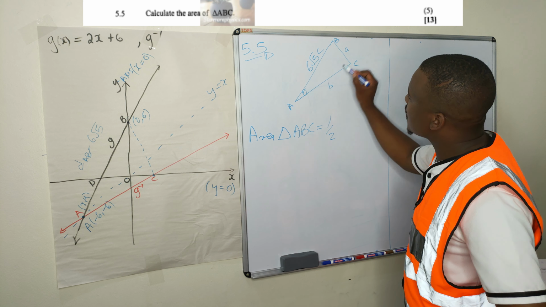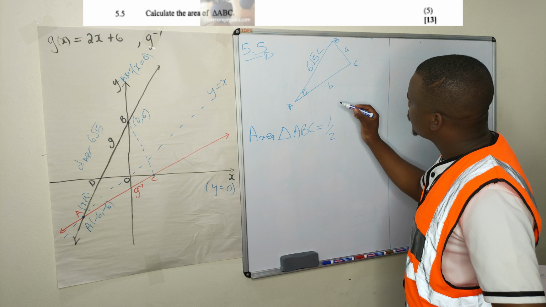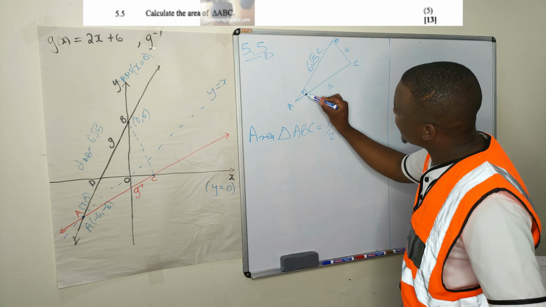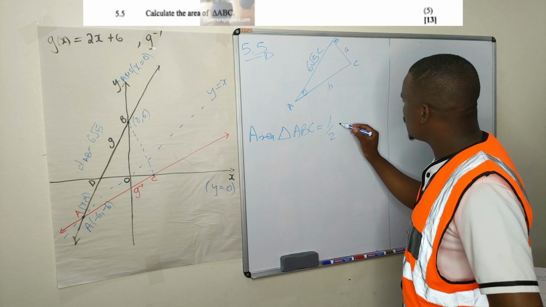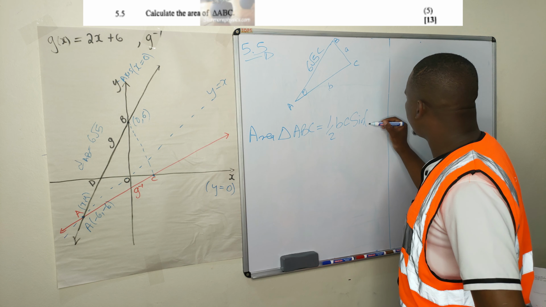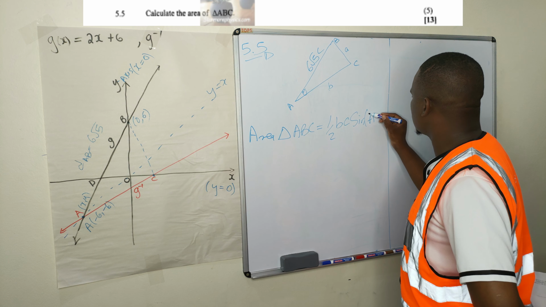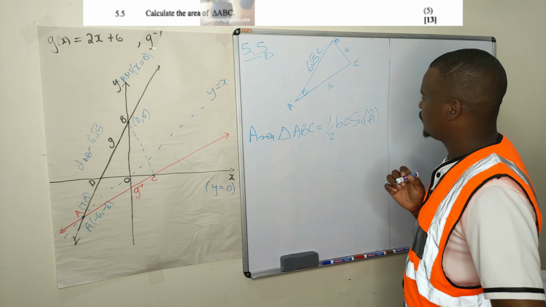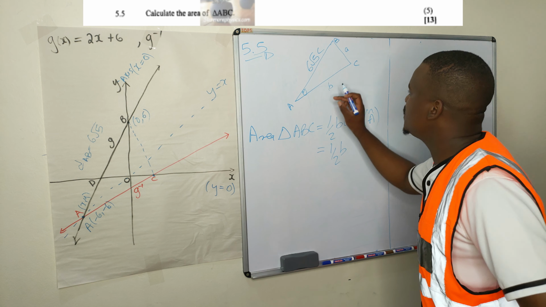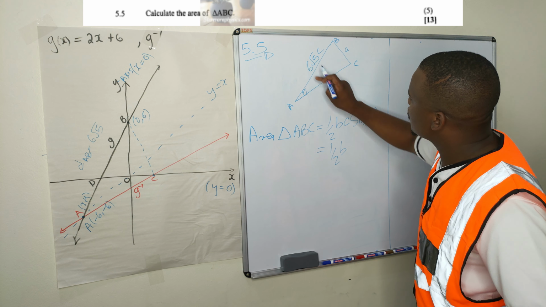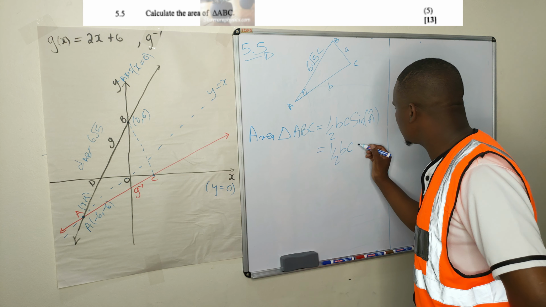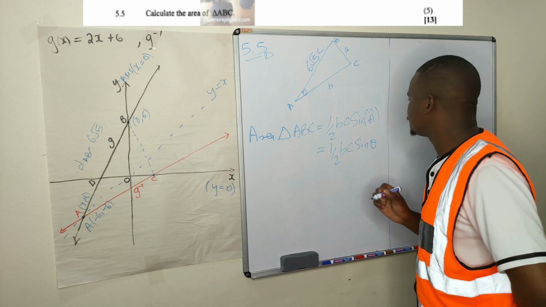If I want the area of this triangle, it's going to be half the product of this side and that side, the sides that include this angle, which will be b times c sine of the angle that I have, which is sine A, which means it will be 1 over 2 times b times c sine theta. Only multiply the sides that include this angle.